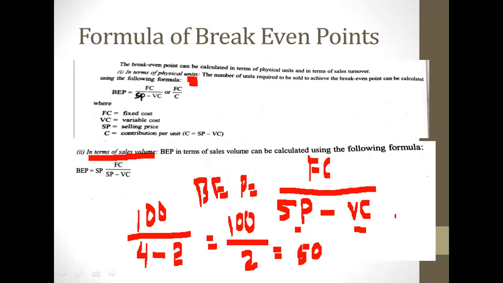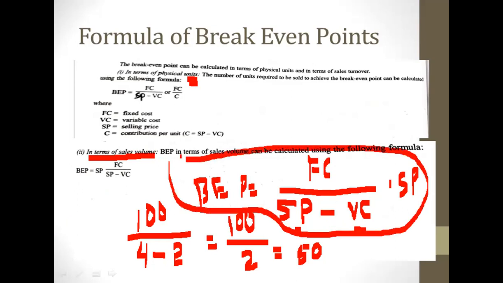For that, you just multiply this with the SP, the selling price. Then you get the break-even point in terms of sales volume, and the earlier one is the break-even point in terms of the physical units of output being produced.